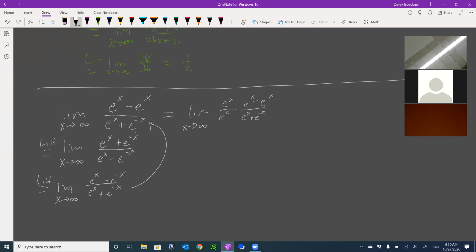And what happens there is I get e to the 2x, because exponent rules say addition of exponents, and then minus e to the 0, which is 1, over e to the 2x plus 1.